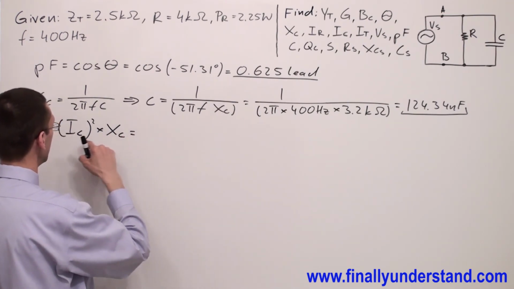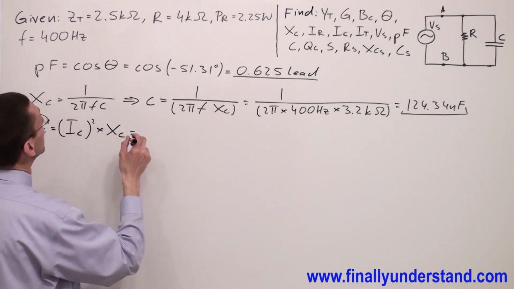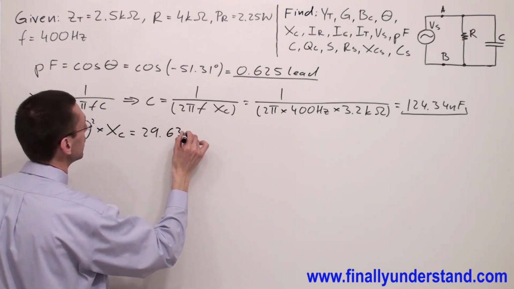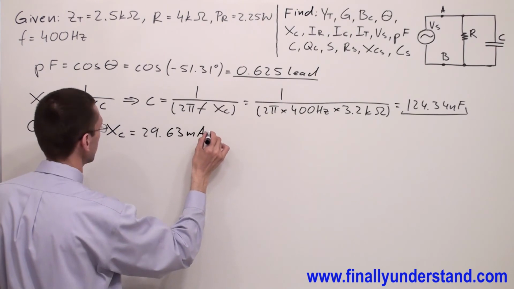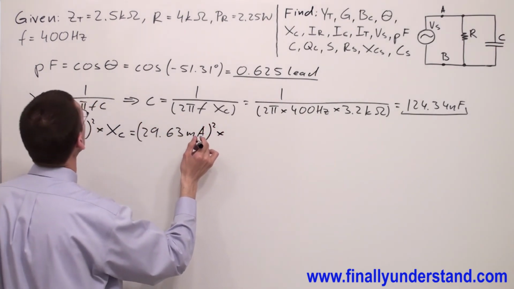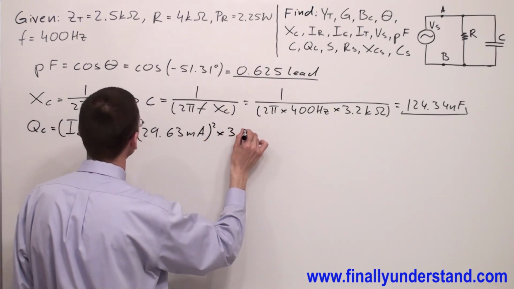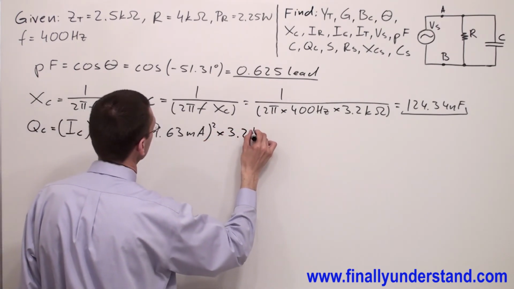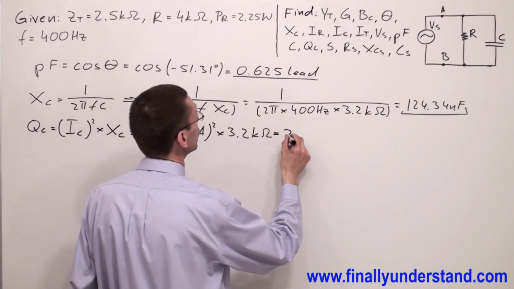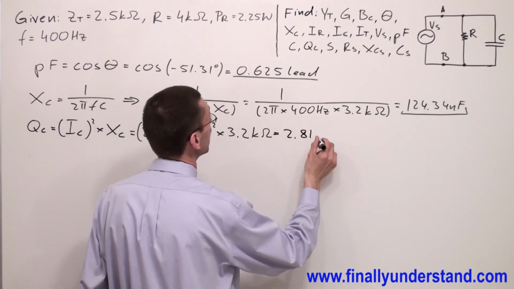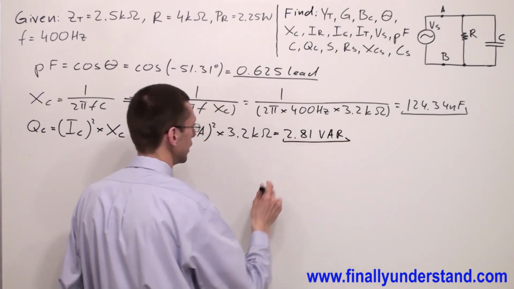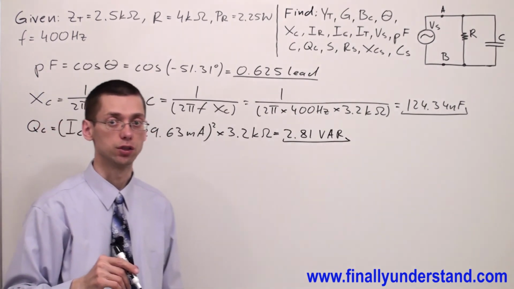So I have IC equal to 29.63 milliamps. This has to be raised to the second power times XC, 3.2 kiloohms. This is equal to 2.81 volt ampere reactive. So this is the reactive power in my circuit.